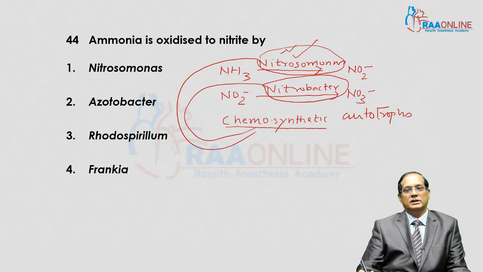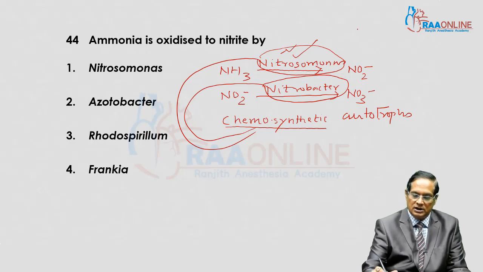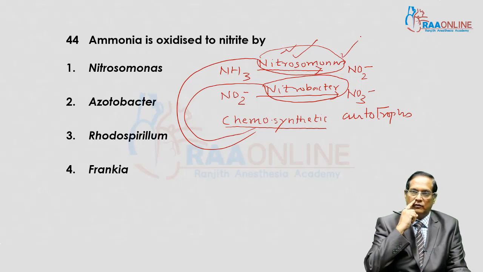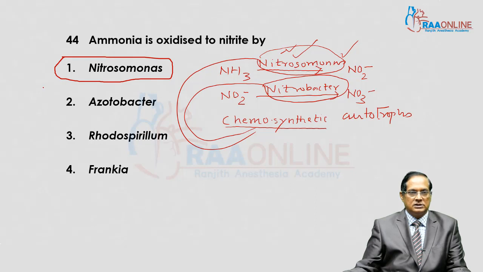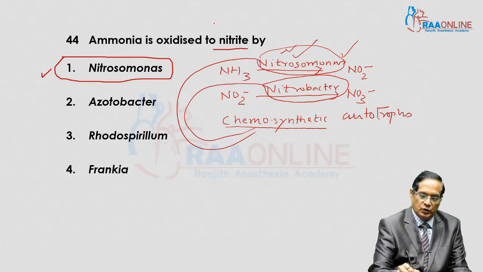Step number 1 is oxidation of ammonia into nitrite by Nitrosomonas, followed by Nitrobacter. So the answer is Nitrosomonas, involved in the oxidation of ammonia into nitrite, that is NO2.